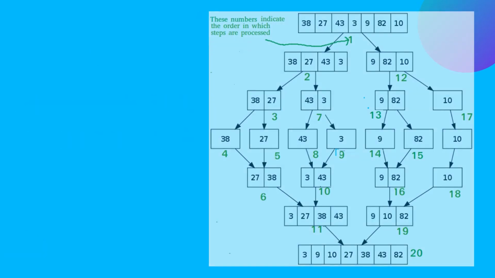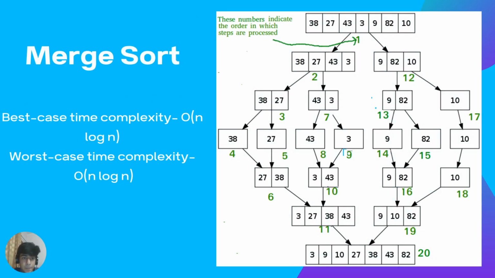Now this is merge sort. As you can see, it has a best time complexity of O(n log n) and a worst time complexity of O(n log n). So it is a pretty popular algorithm, which is very well known.